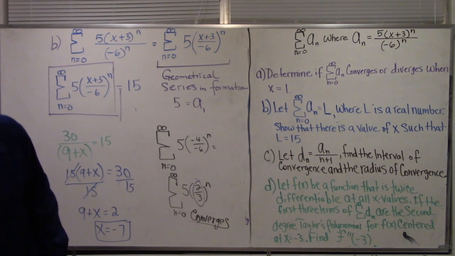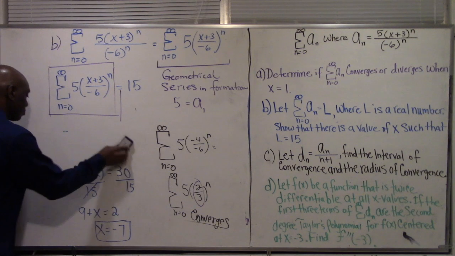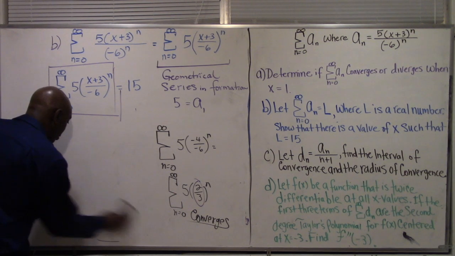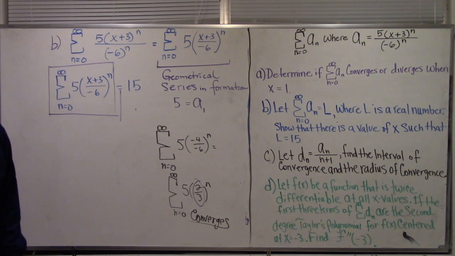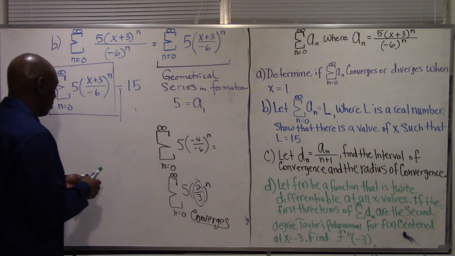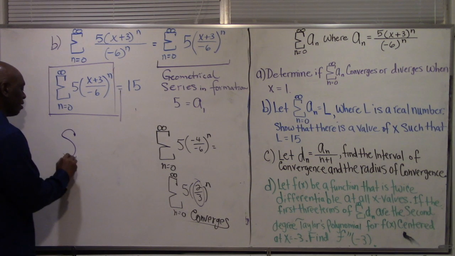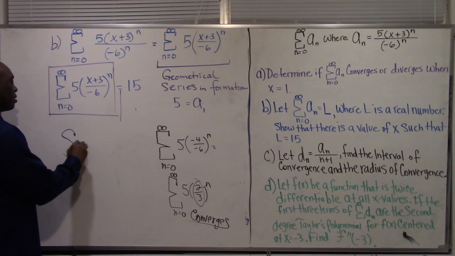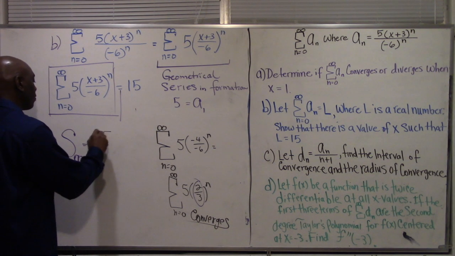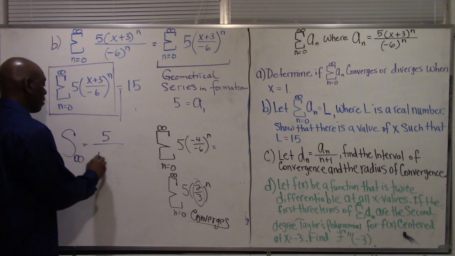I mean, if you want to go and check the sum, well, we could do that very quickly. So the sum of our infinite geometric series is going to be a over 1 minus r, which is 5 divided by 1 minus 2/3.